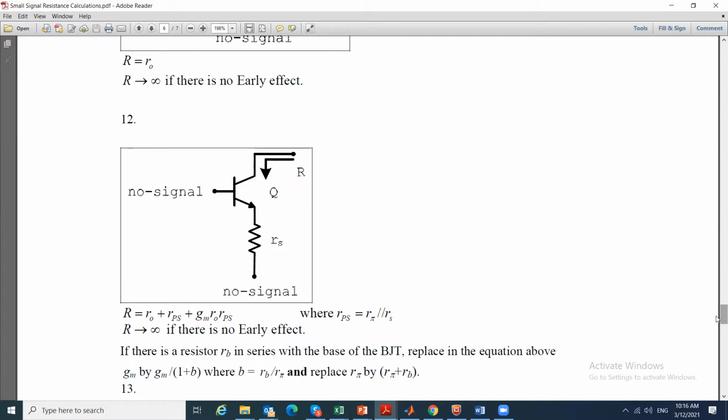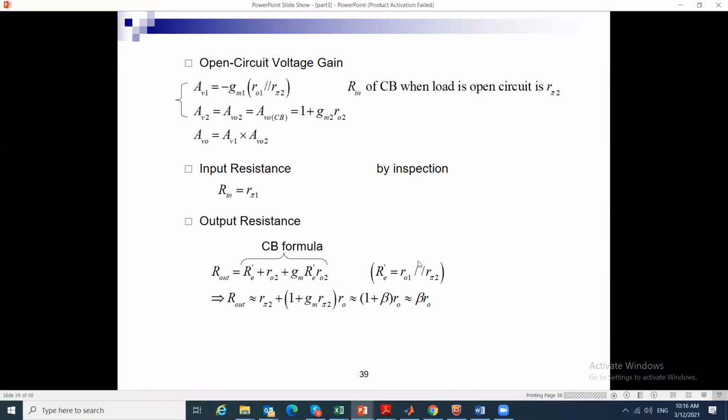Okay, so now we can use those equations automatically. We don't need to derive them, and therefore he's telling me that R out I can approximate, because if R pi is much smaller than RO, then R pi parallel to RO will be approximately R pi, and then this will be equal to R pi plus RO2 plus GM R pi times RO2.